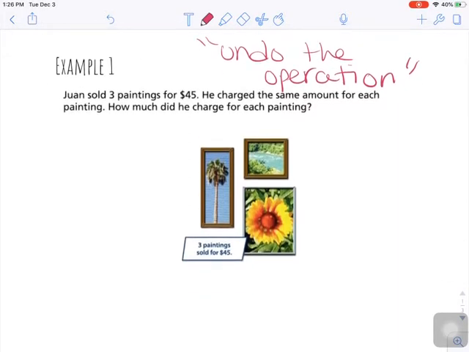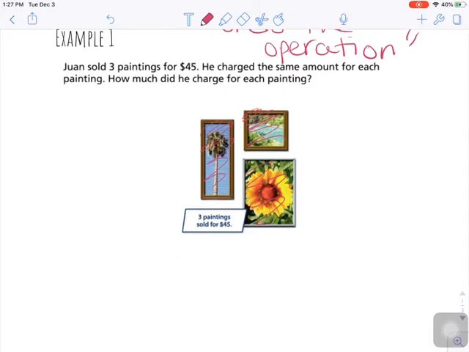So example 1 says, Juan sold 3 paintings for $45. He charged the same amount for each painting. So each painting is the same amount, and all 3 of them together is going to equal 45. So first let's set up an equation.